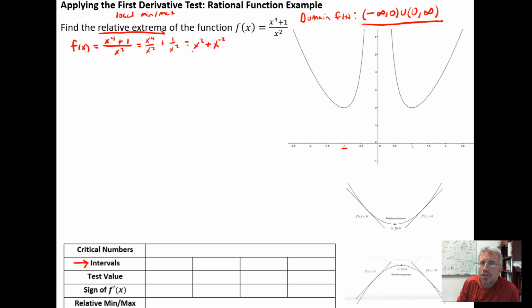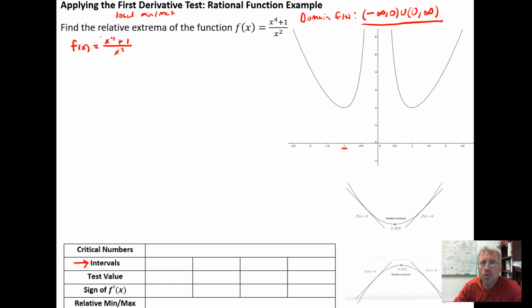So we can either take the derivative of this or the derivative of this. If you work it through both ways and do the simplifying that needs to be done, you get the same derivative when you're done. I'm going to go ahead and just suck it up and use the quotient rule, although I think using the other form is probably easier in this particular case.